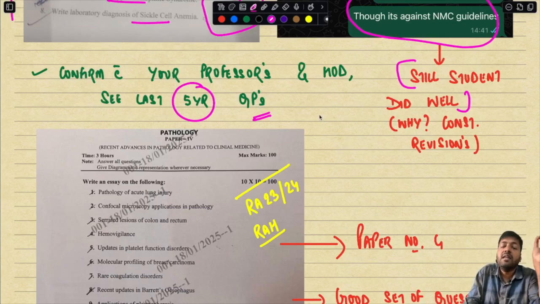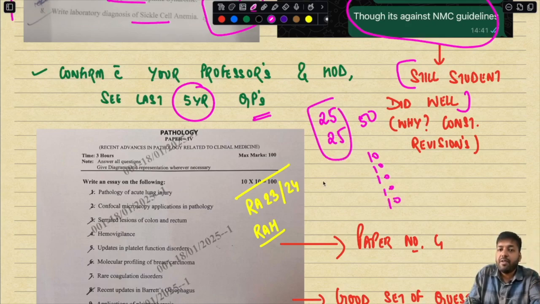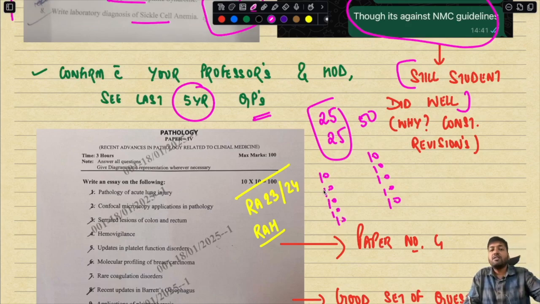For example, some universities give 25 marks long answer questions. One university gave a 50 mark long answer question and the remaining 50 marks as short answers, each 10 marks. So this pattern is also there. But in most universities it is 100 marks and there are 10 questions.